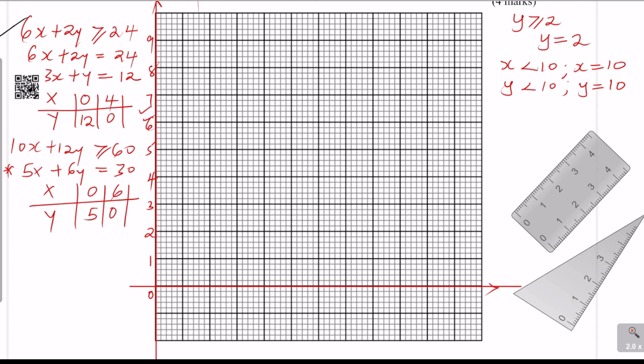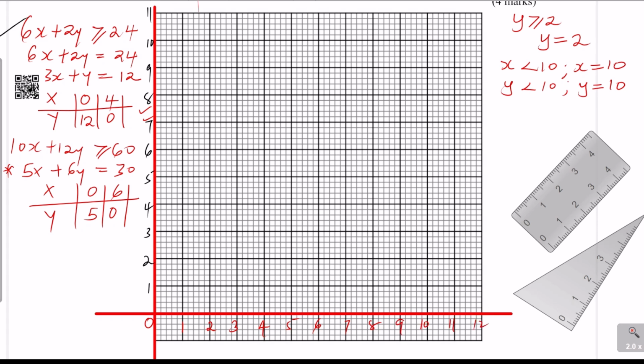We can draw it from the x axis here, and then the y axis there. So 0 here, then 1, 2, 3, 4, 5, 6, 7, 8, 9, 10, 11, like that. And for the y axis also, 1, 2, 3, 4, 5, 6, 7, 8, 9, 10, 11, 12.